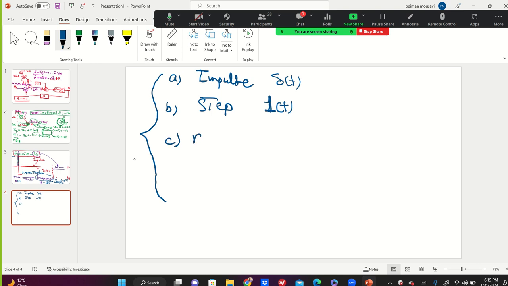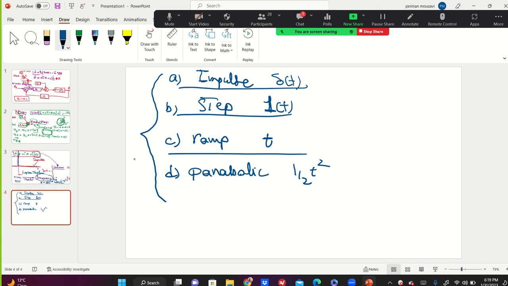Third, C, is ramp input to the system, which we show with t. D is parabolic, which is 1/2 t².